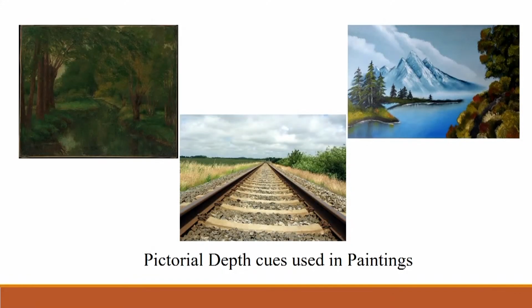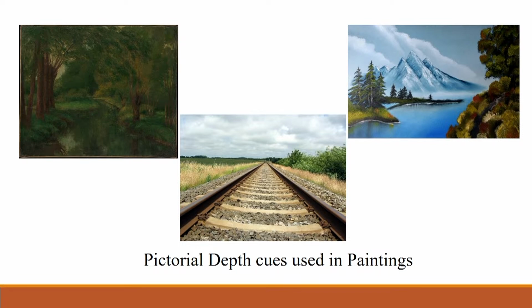Next we talk of pictorial depth cues that are used in paintings. So these are the 3 pictures. You might see that in the railway track picture, the second picture, you see the 2 tracks converging. This is also information, but in the real case these lines are never going to converge.